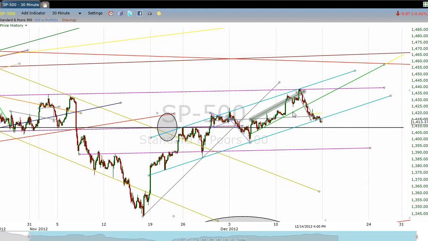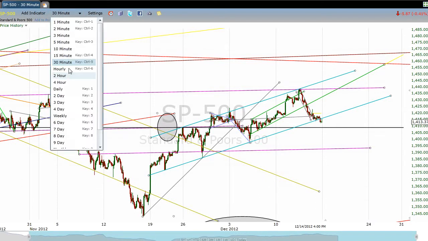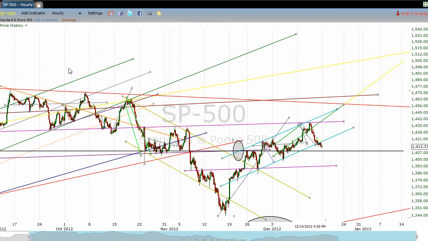I think it was legitimate, but I don't think it was really as all-encompassing as we would like to see, especially when you look at just how broad this descending channel was in the couple of months leading up to the breakout above that channel. You can see it here.